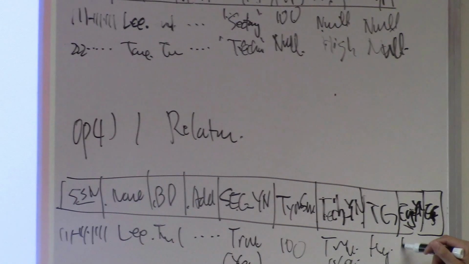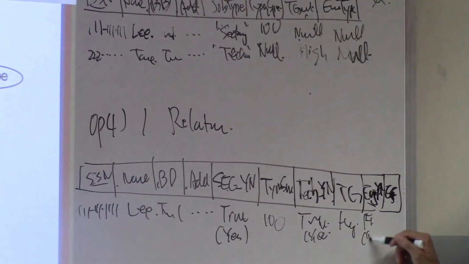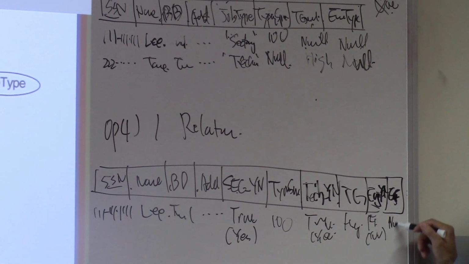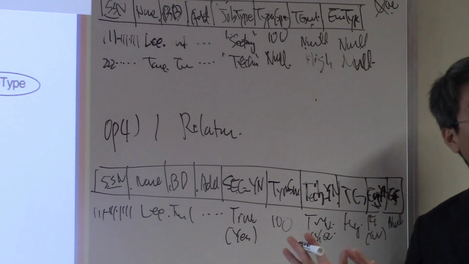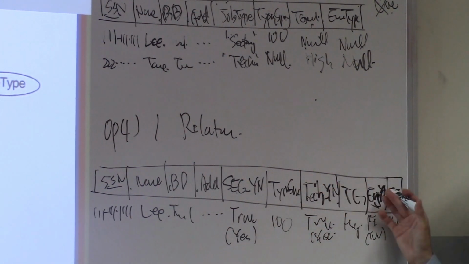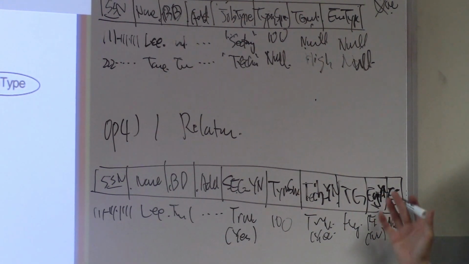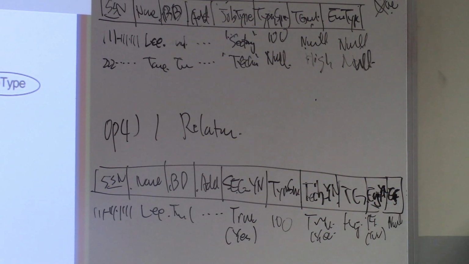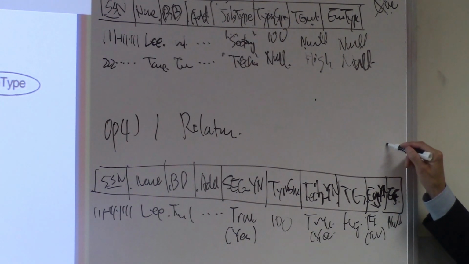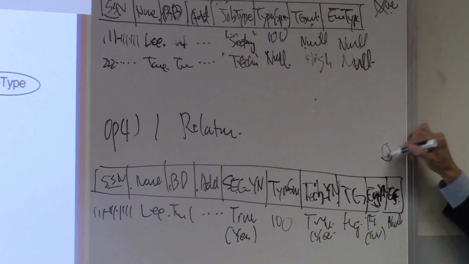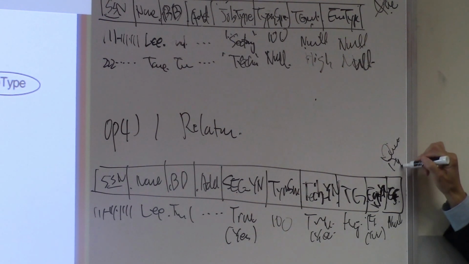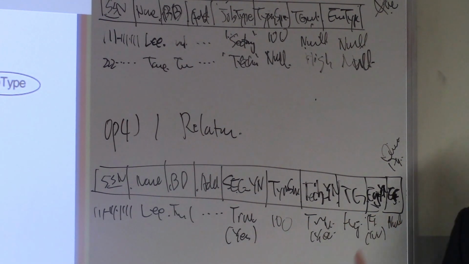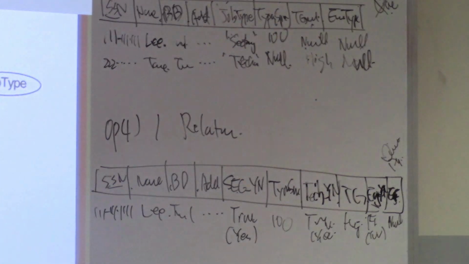Engineer, false, or no, and null data. In case it's not related, not a type of the superclass, then it will be null data with the false. So in this case, we can represent both overlap and disjoint.